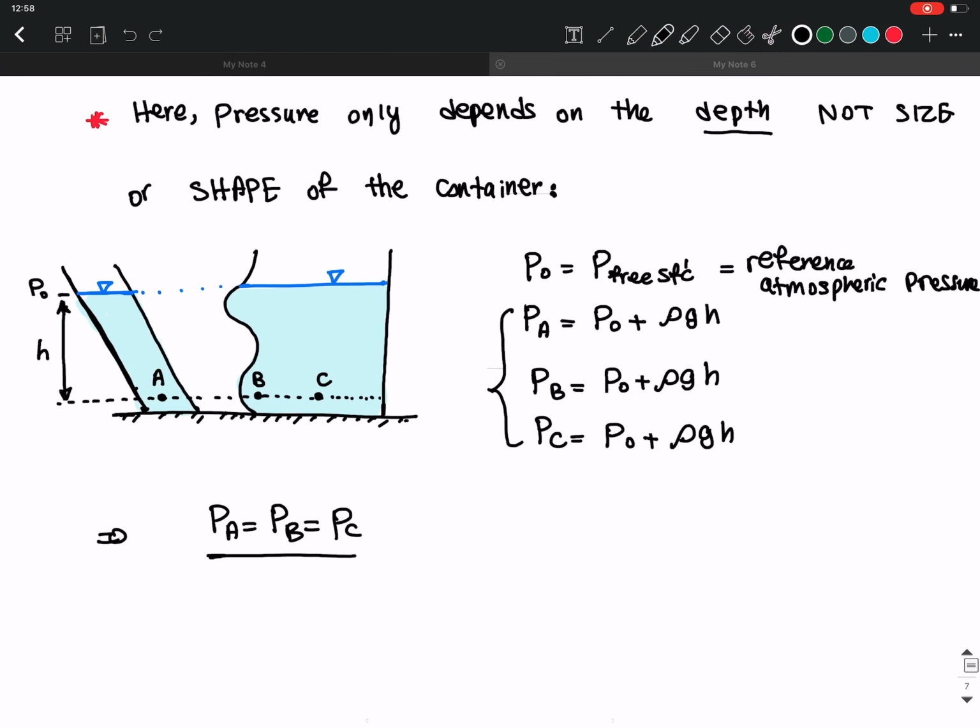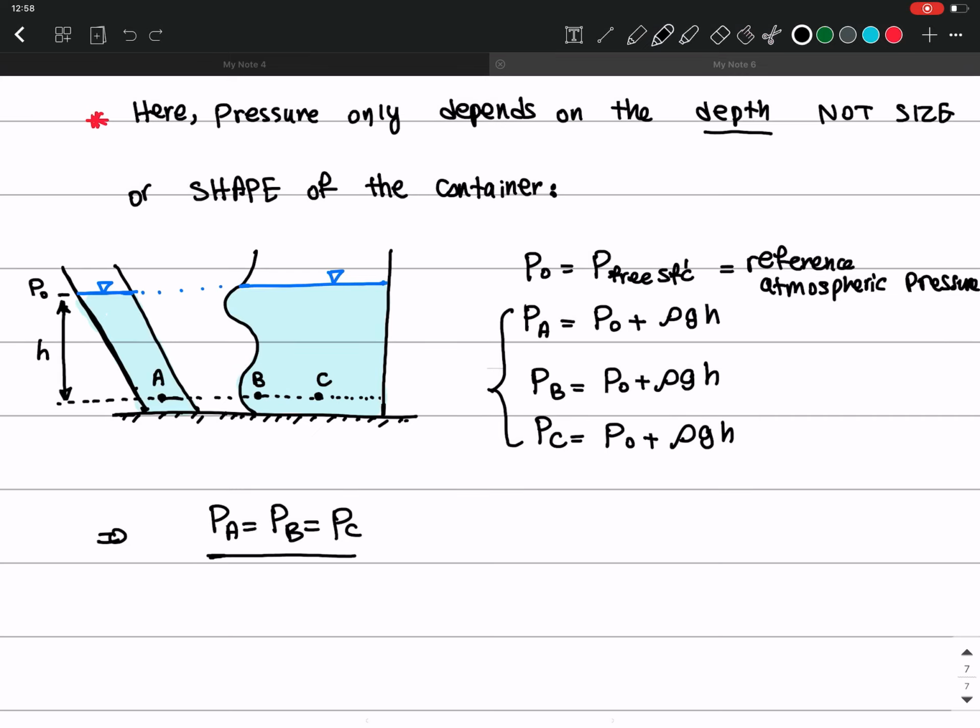So if I move here, the pressure is going to be the same. And if I move here or here in this fluid, the pressure is going to be the same. It doesn't matter where in the horizontal direction we are. And the only thing that matters is the depth of the fluid.